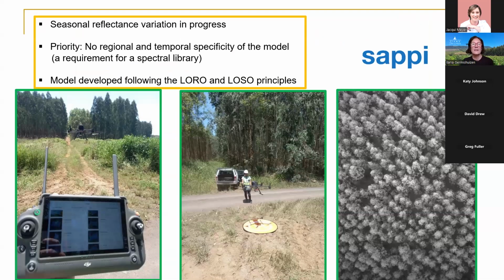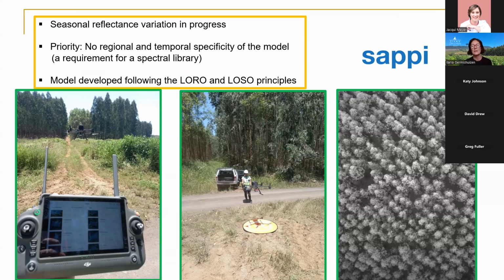In terms of seasonal reflectance variation, she's still busy with the analysis. But as I said, the priority is no regional or temporal specificity of the model, because this is one of the requirements of the spectral library, which we want to develop so that we can use it over the landscape for picking up anomalies in terms of species reflectance.